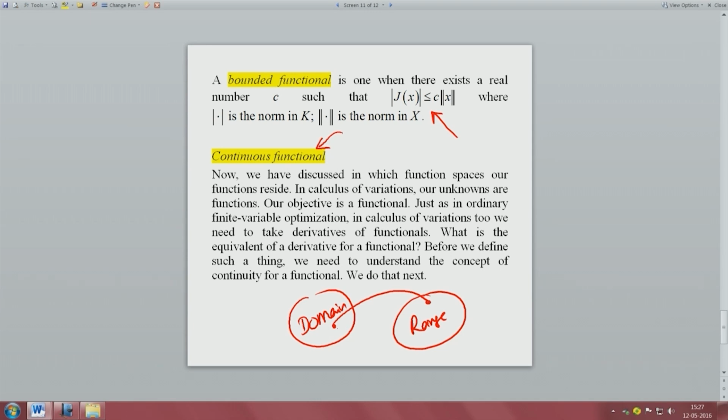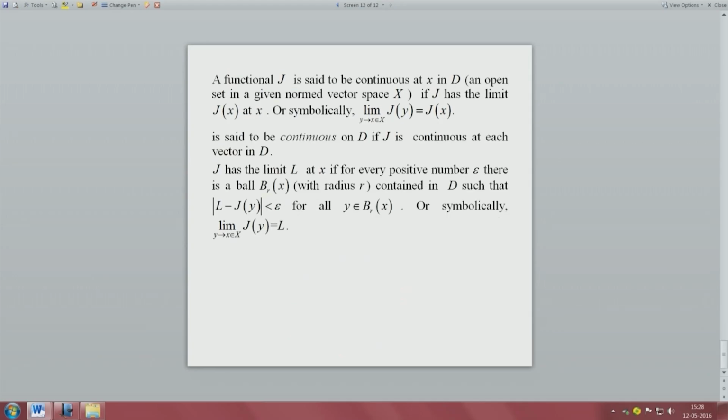Now, if I perturb a little bit in the domain, the range should not go far away, it should be somewhere close by. If there is an epsilon here, there should be a distance within delta. That is a continuous function. Similarly, for a functional we can talk about something called a continuous functional with the same kind of notion.